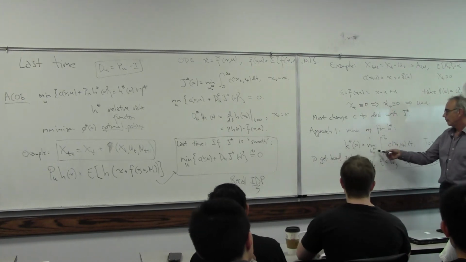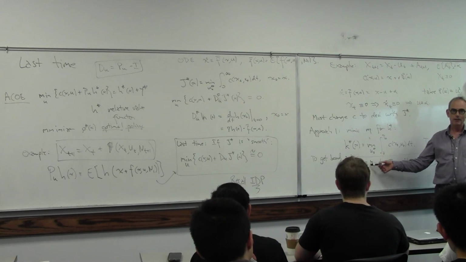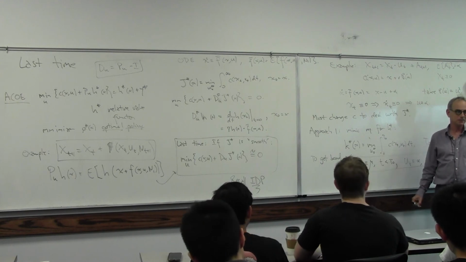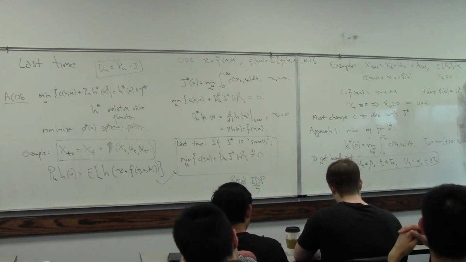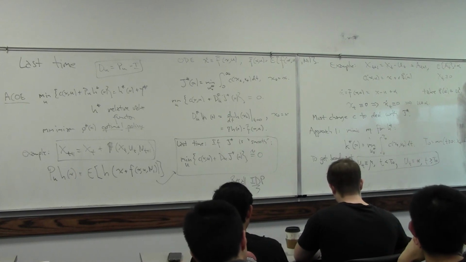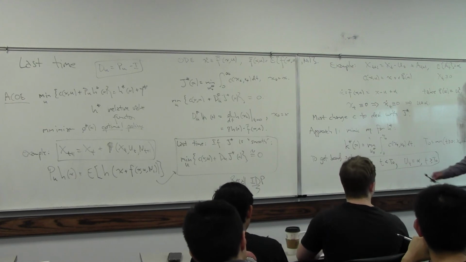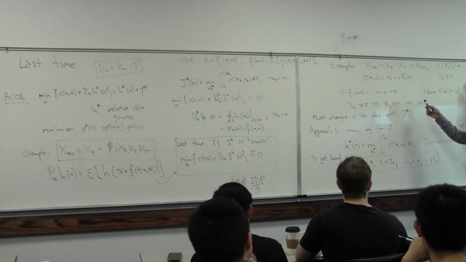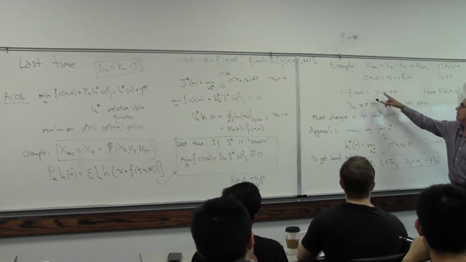So I'm minimizing over all inputs. What you can do is try a constant input and then minimize over mu and see what happens. Do you remember what happens? That's the fundamental theorem of triangles. If you take that constant input and you plug it in, there's x. Oh, there's no x there. Sorry.